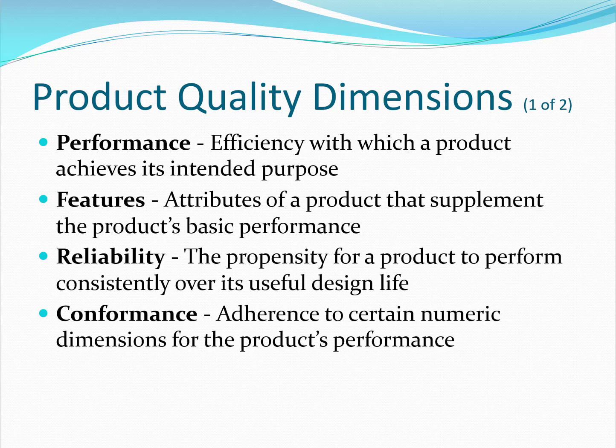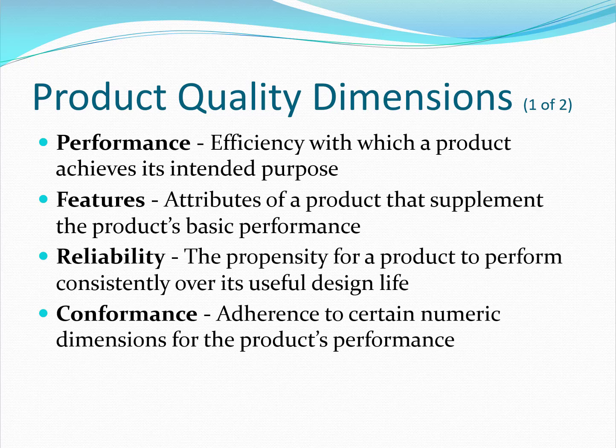Another dimension is reliability. So this is the propensity of a product to perform consistently over its useful design life. A subfield in quality management is reliability management, and it's essentially the application of probability theory to quality.